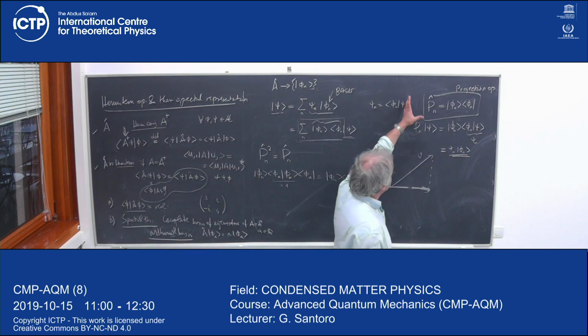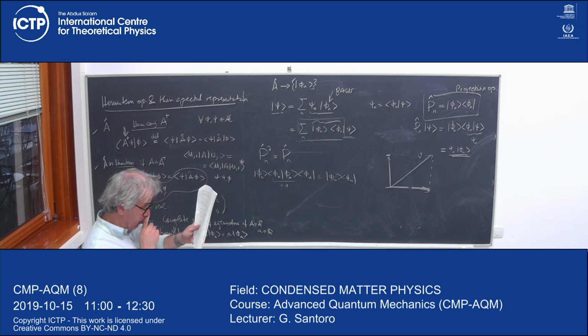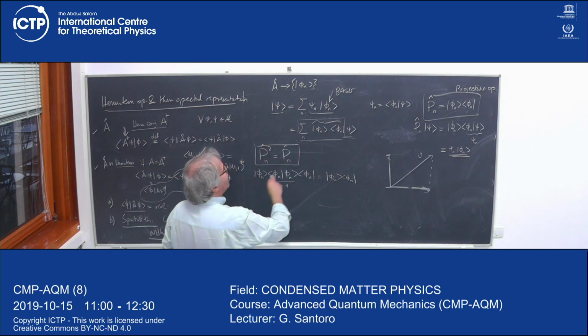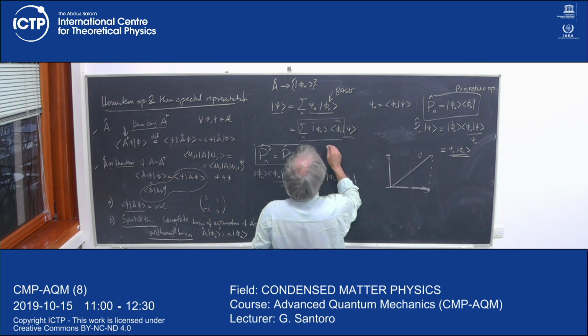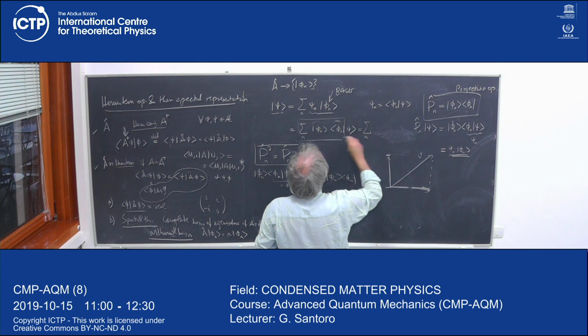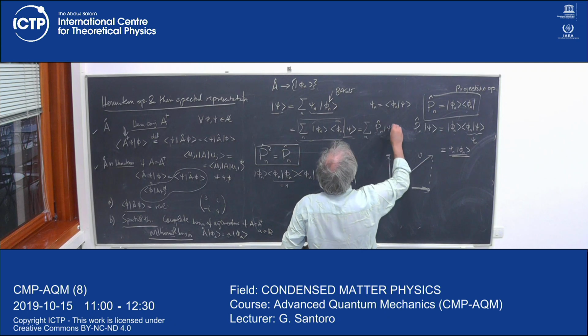So if you take this definition and adopt it, you will find that it works perfectly nicely. So projection operators are useful, and in some sense what is written here is that psi is equal to the sum over n of the projection applied to psi.